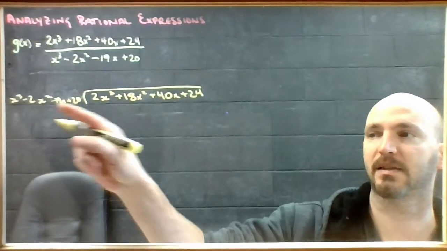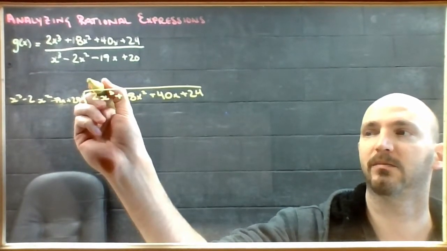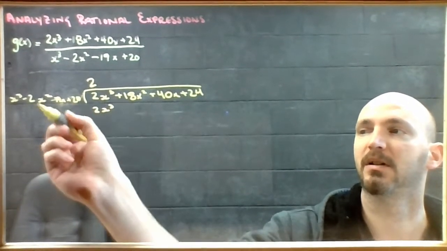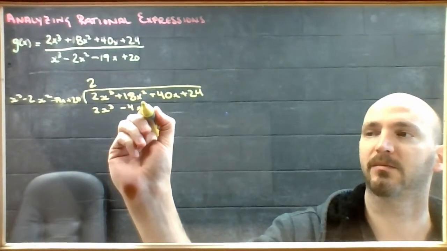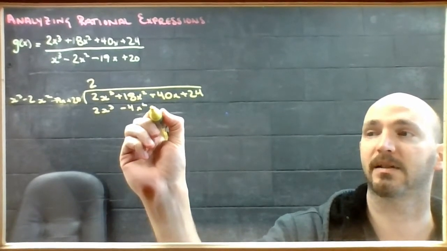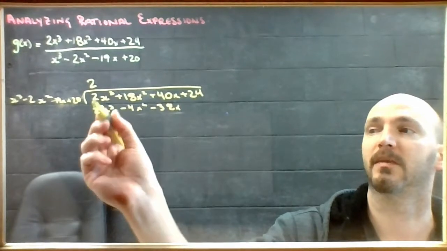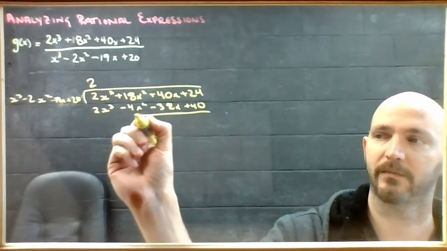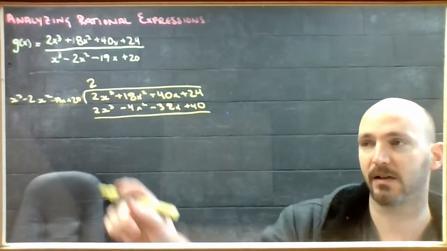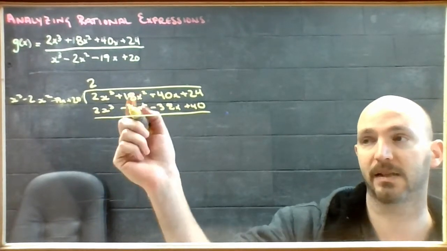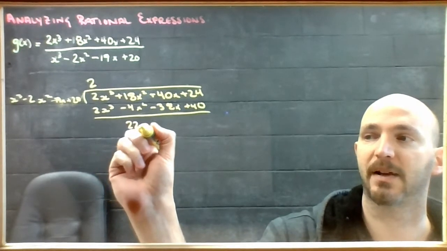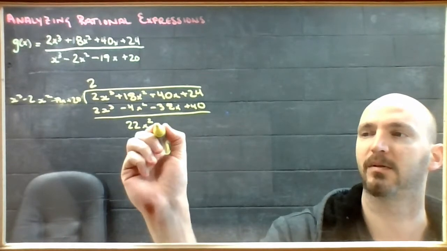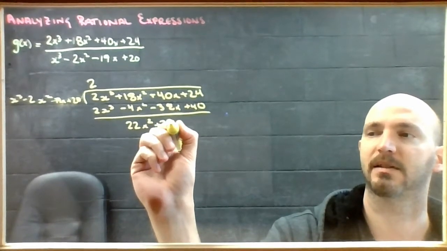Alright, so to make this into one of these, I need a 2. 2 times x cubed would be 2x cubed minus 4x squared minus 38x plus 40. Take that out of the pile. This is gone. 18 minus negative 4 would be 22x squared. 40 minus negative 38 would be 78x.